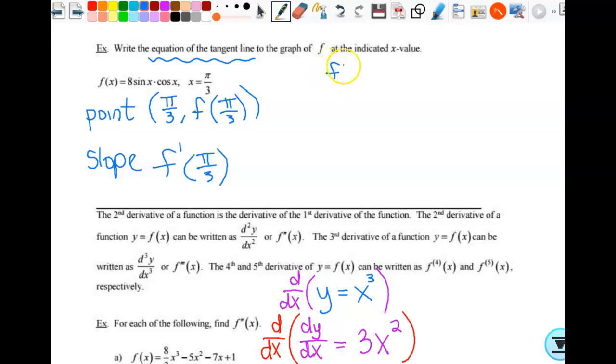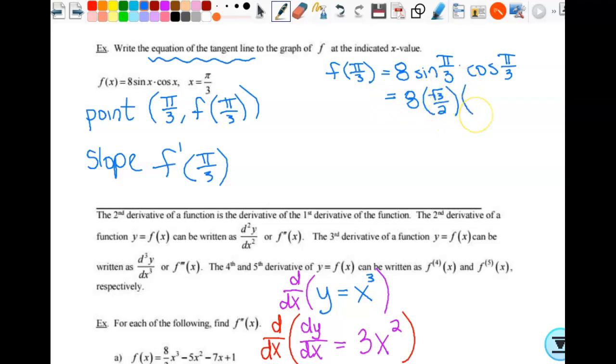All right, so f of pi over 3 would be 8 times the sine of pi over 3 times the cosine of pi over 3. What's the sine ratio of pi over 3? So 8 times square root of 3 over 2.